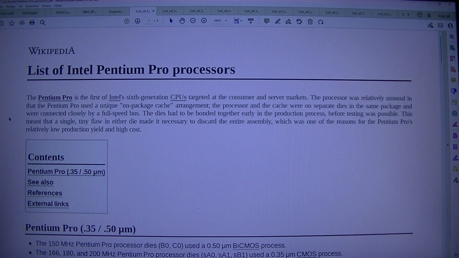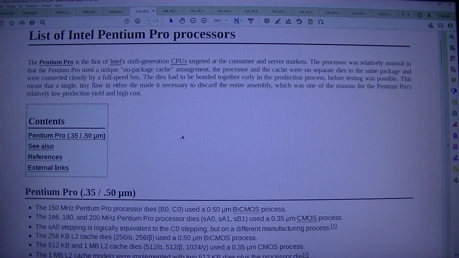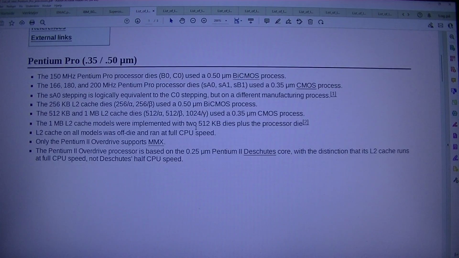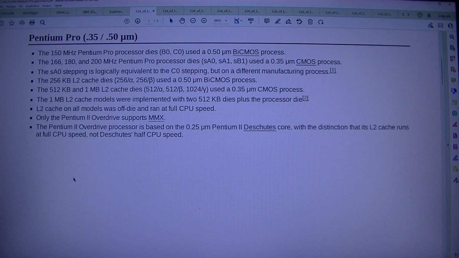Contents. Pentium Pro. .35/.50M. See also. References. External links. Pentium Pro. .35/.50M. The 150 MHz Pentium Pro processor dies, B0, C0, used a 0.50 micrometer BiCMOS process.